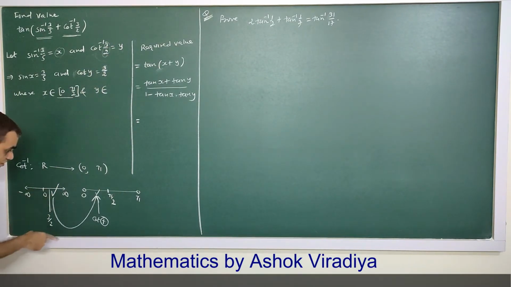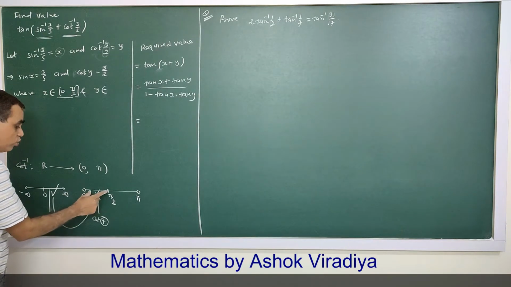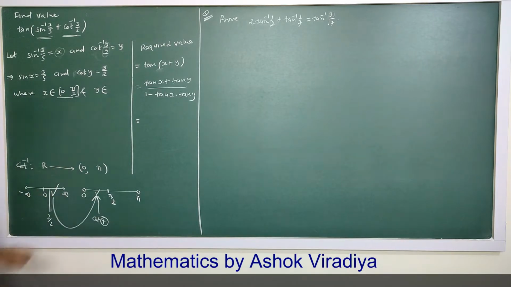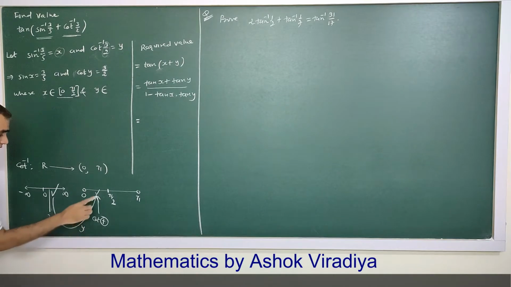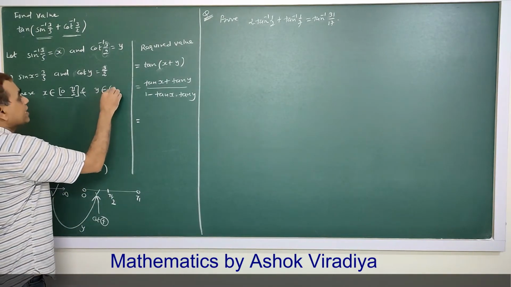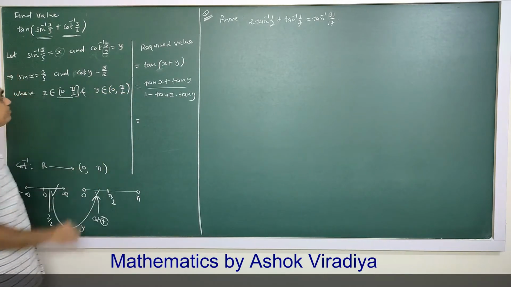So cot inverse of 3 by 2 will be in 0 to π by 2. Cot inverse of 3 by 2 is y, so y is in the open interval 0 to π by 2.